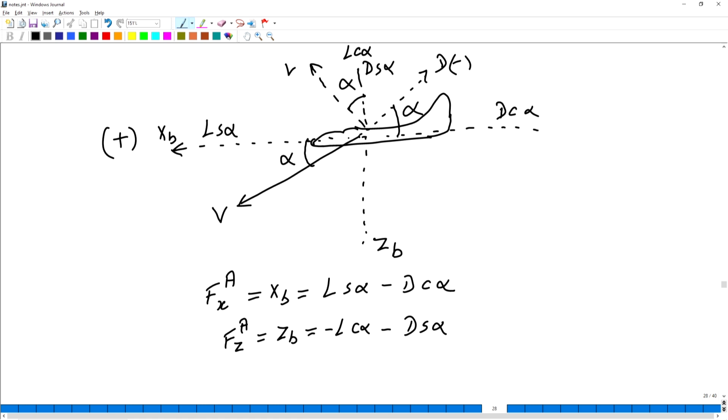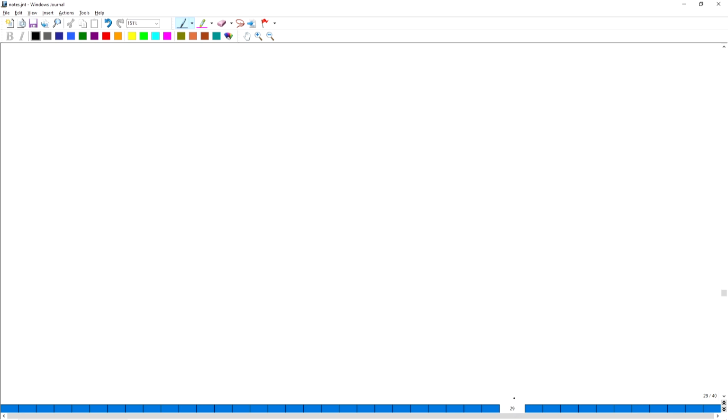Now how do we get this lift and drag? We know that lift is given by this expression L equals half rho v square S CL, where rho is the density, v is the total velocity, S is the wing area, CL is the lift coefficient, and drag is given as half rho v square S into CD.